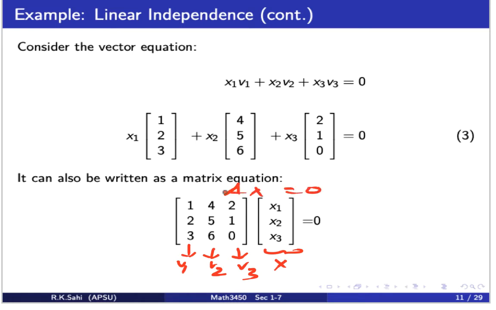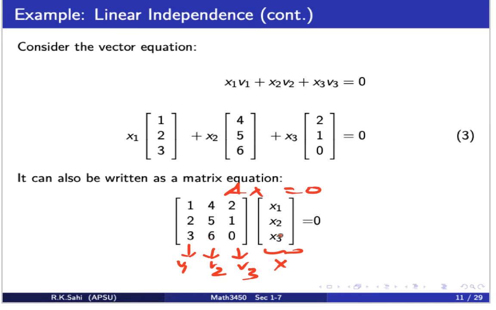Now, I want to find out whether it has linearly independent or dependent relations. Now remember, this is the matrix equation, it's a homogeneous linear system. And what we just said earlier, if you have a homogeneous linear system, the only way it can have a trivial solution is if all the columns of the matrix are pivot columns.